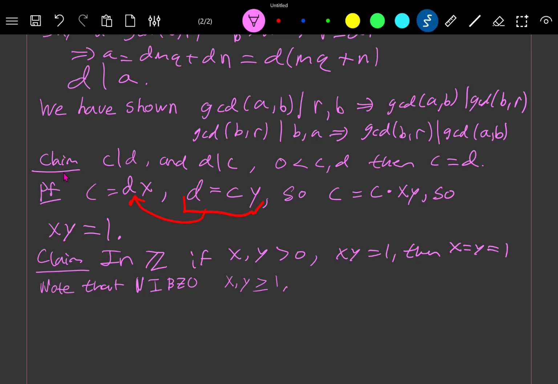So say we have 1 is less than or equal to x. And assume for contradiction that one of these was not 1, and let's say it's larger. So y is bigger than x, or they could be equal, but y is not equal to 1.